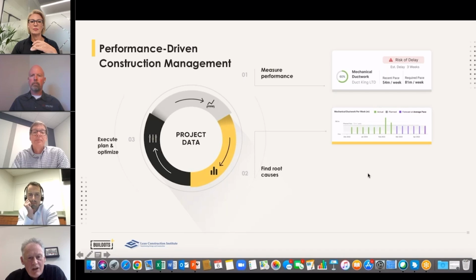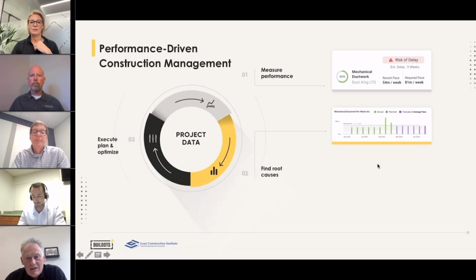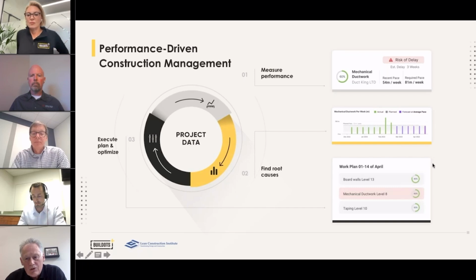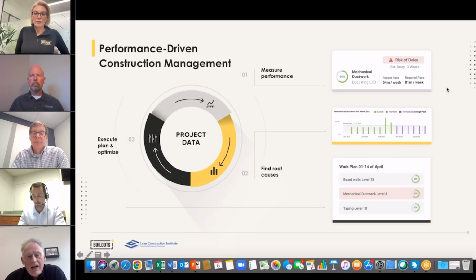So when you're sat in the trailer having those weekly, daily huddle meetings, you're talking on facts. If it's disputed, you can just look on the system, without even going out on site to challenge it. You can see what should have been worked on, when it should have been worked on, and how much of it is actually being done. That's the basis of it.